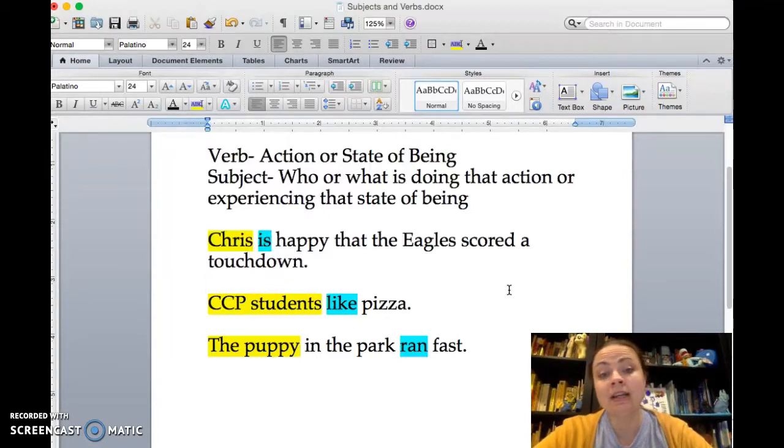I'm going to give you a quiz that's just about identifying subjects and verbs. There's one tip that I want to give you before you take this quiz. A lot of times in sentences, you'll have what's called a prepositional phrase, and that's this part, in the park. That's just giving you additional information about where the subject is, answering questions like where or when.